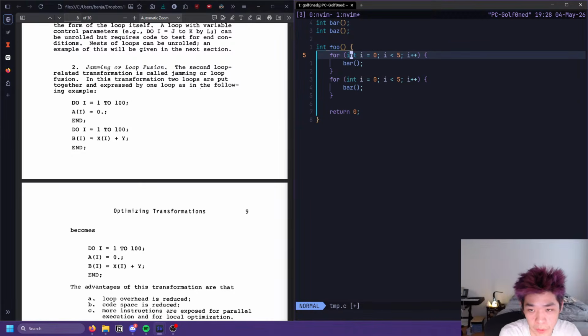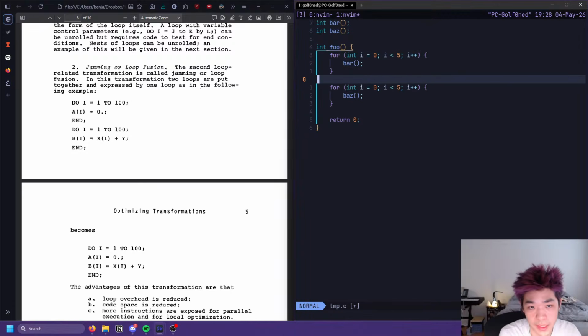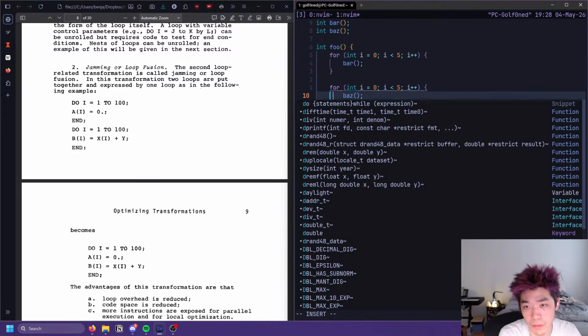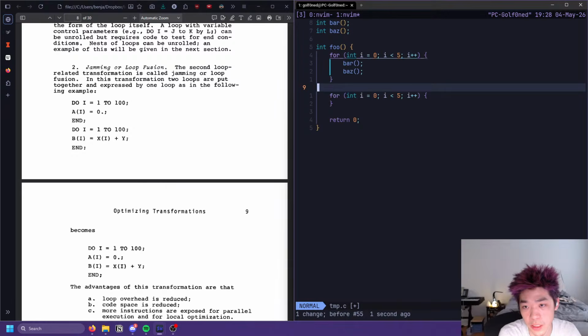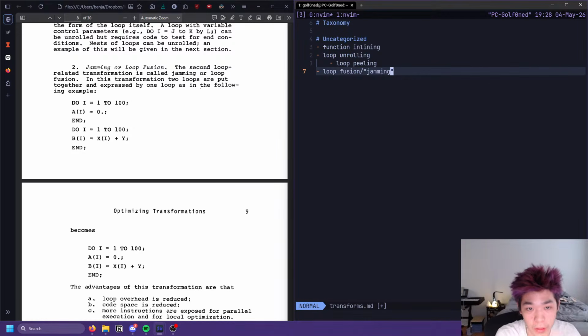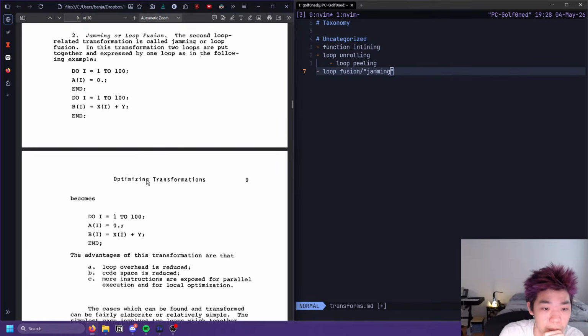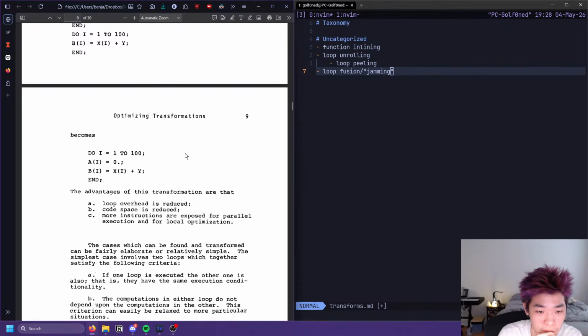The way you'd fuse the loops is you would just move this into here, and then you delete this, pretty much. Yeah, okay. And that's nice because then you iterate through the loops less, and that's a good thing.